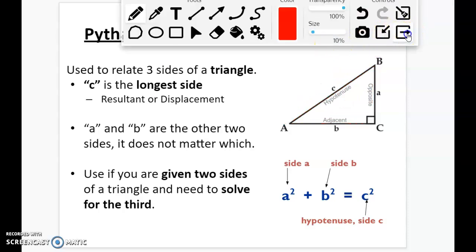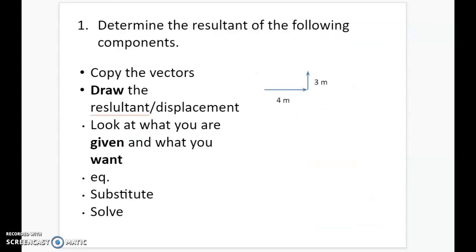Let's take a look at some examples of what you might run into. So here it says determine the resultant for the following components. When we do this, they give us a diagram here that has an arrow going to the right, an arrow going up. This arrow represents 4 meters, this arrow represents 3 meters. And so in order to determine the resultant for these components, I need to copy this onto my sheet of paper.